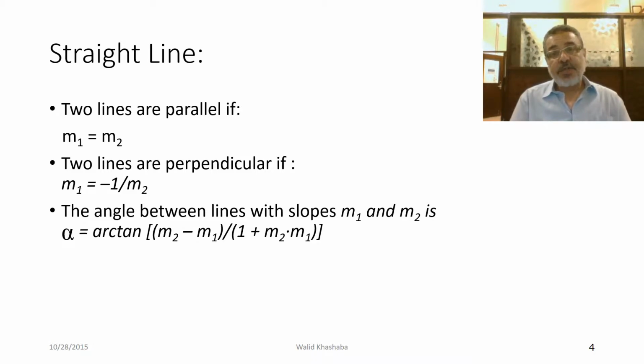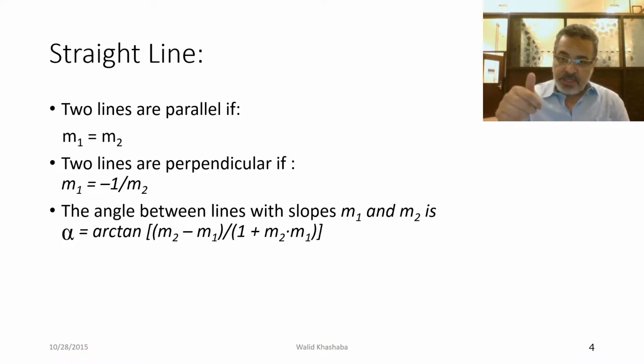And if these two lines are perpendicular, perpendicular makes 90 degrees, like this, 90 degrees, then the slopes would be like this: m1 equals negative 1 over m2, or the slope of one of the lines will be the additive inverse of the reciprocal of the other.